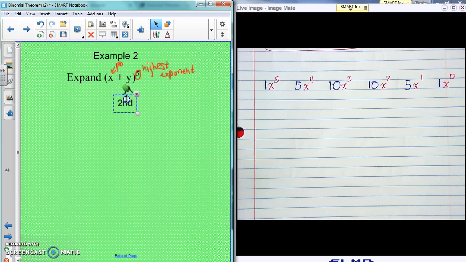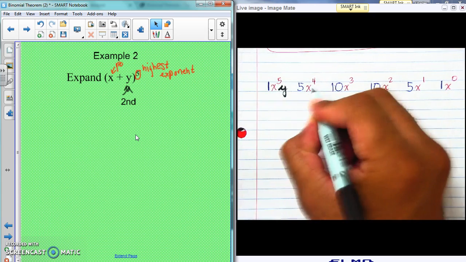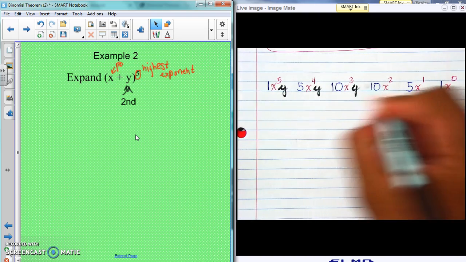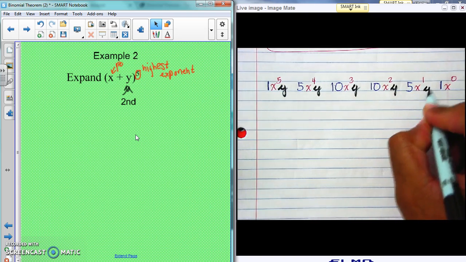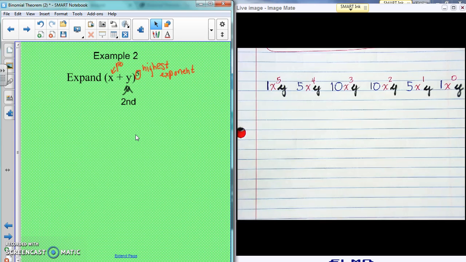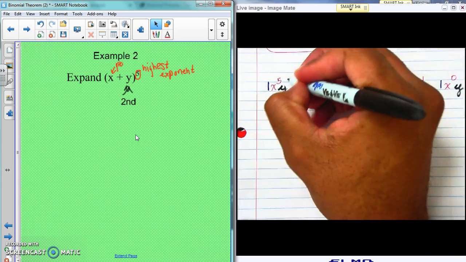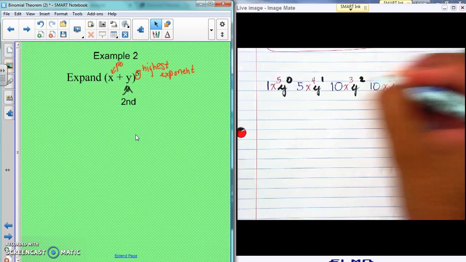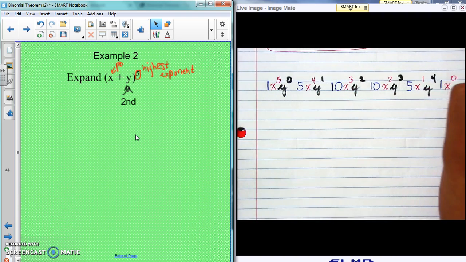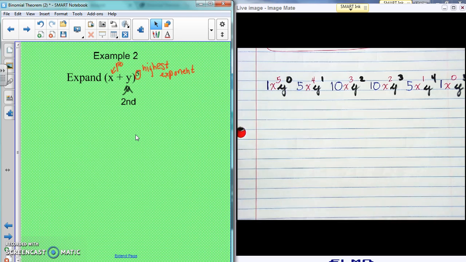So we write down the y's: y, y, y, y, y, y. And we start off with 0 and go all the way up until we get to the highest exponent: 0, 1, 2, 3, 4, 5. The highest exponent is 5.